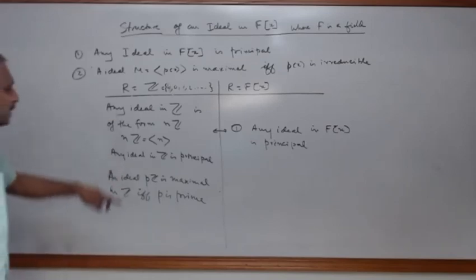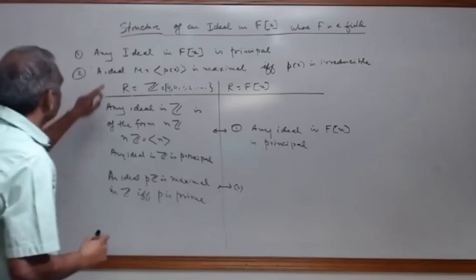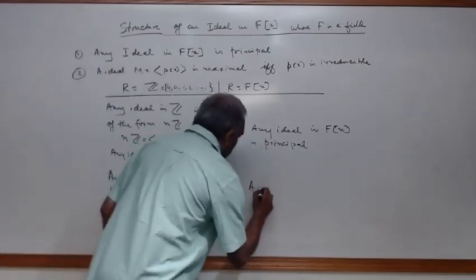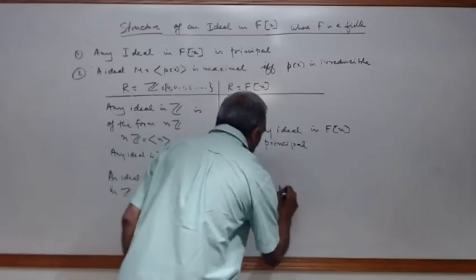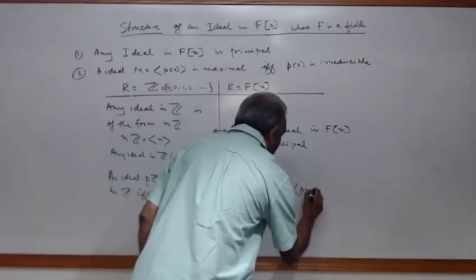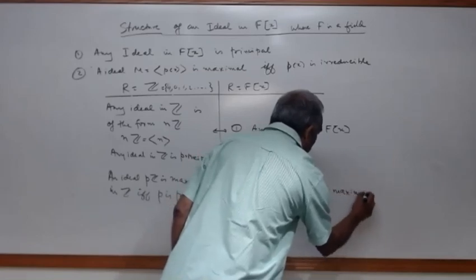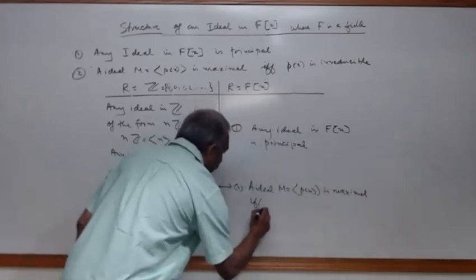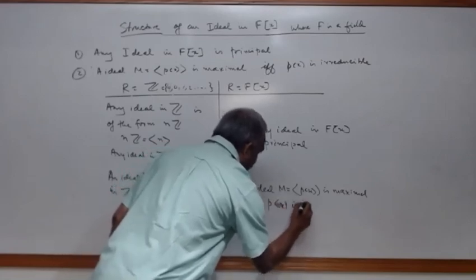The equivalent result here is number 2: an ideal M equal to the ideal generated by p(x) is maximal if and only if p(x) is irreducible.